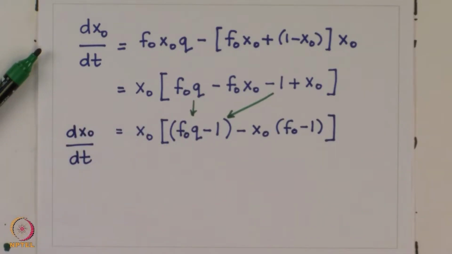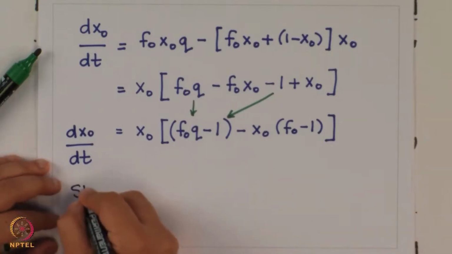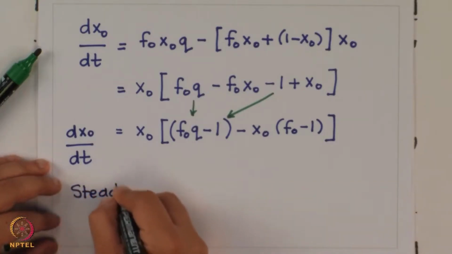Again, we will go ahead with our analysis consistent with the approach that we have been taking earlier in the course, and among the first things that we can do is analyze the steady state associated with this equation.